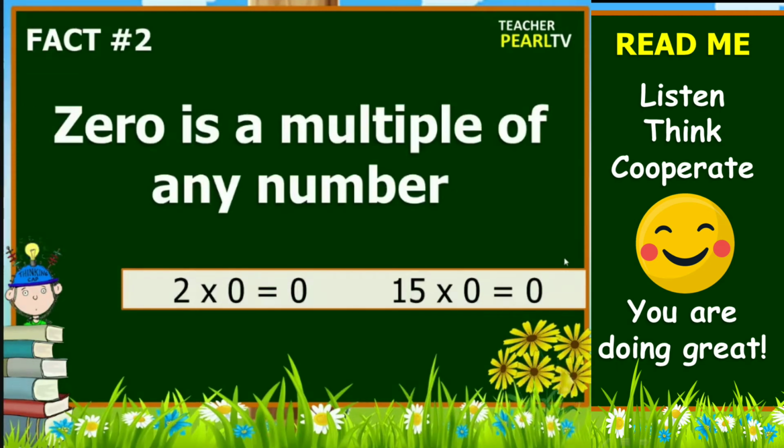For example, 2 times 0 is 0. 15 times 0 is 0. 0 is a product of 2 and 0. And 0 is a product of 15 and 0. Therefore, 0 is a multiple of these numbers.